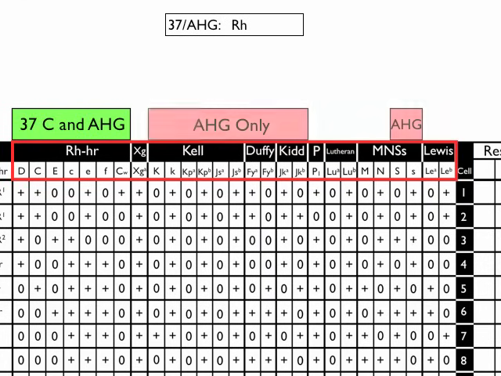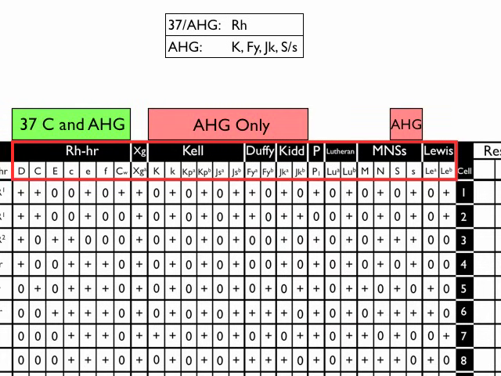On the other hand, the main other clinically significant antibodies, your Kell system, Duffy system, Kidd system, and MNS system antibodies, all tend to react best and in many cases only at the AHG phase. Now, I should be really clear on this. It is absolutely possible for any of these that I've described so far, Rh and the other ones, to react at immediate spin or 37, but typically that only occurs when they are brand new antibodies.